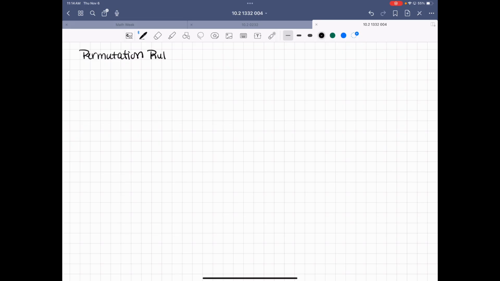Permutation rule when objects are alike. Okay?